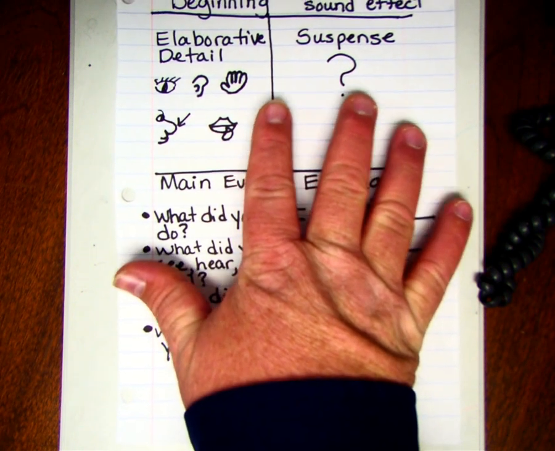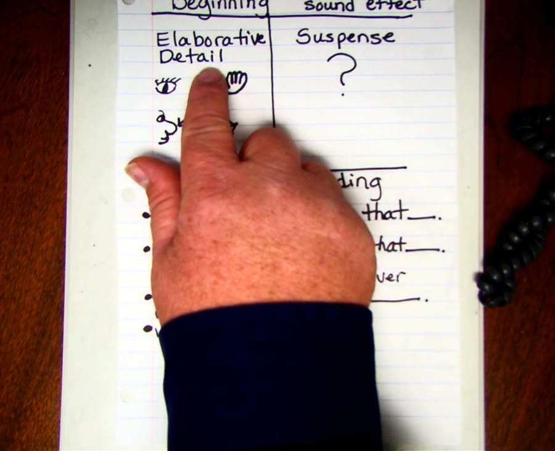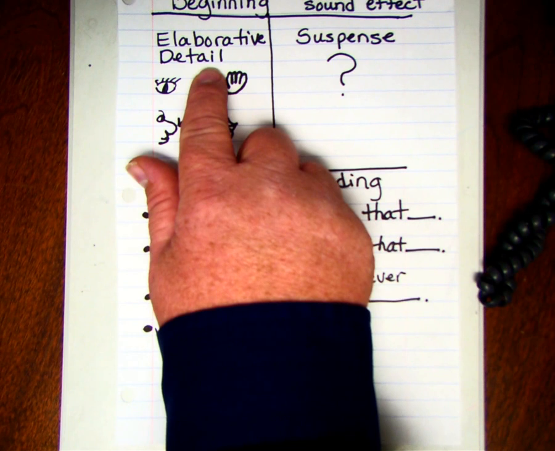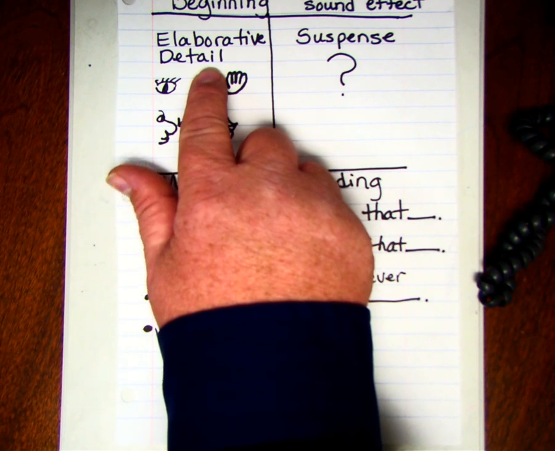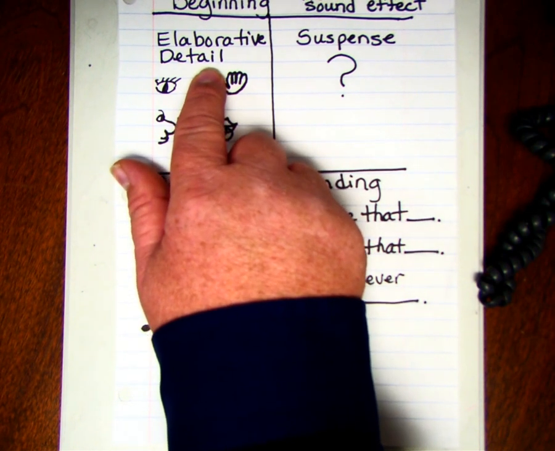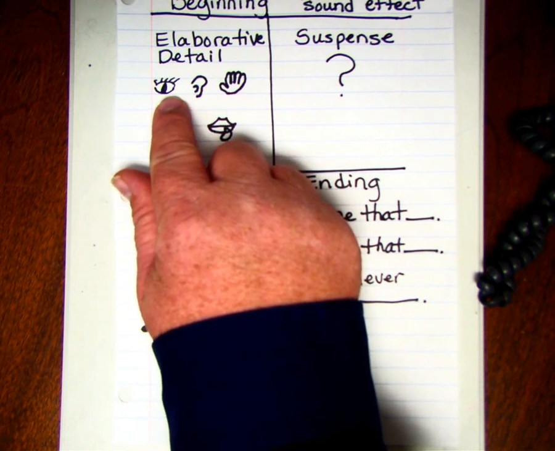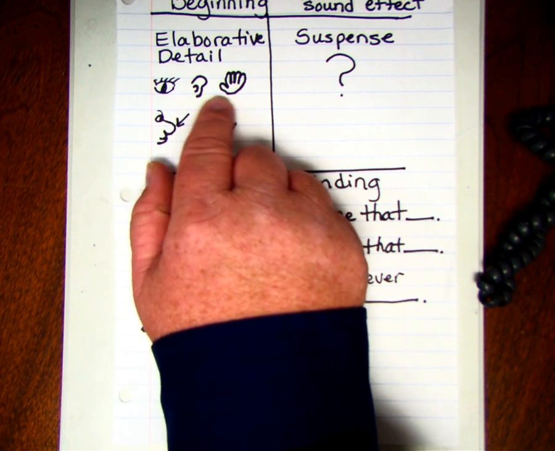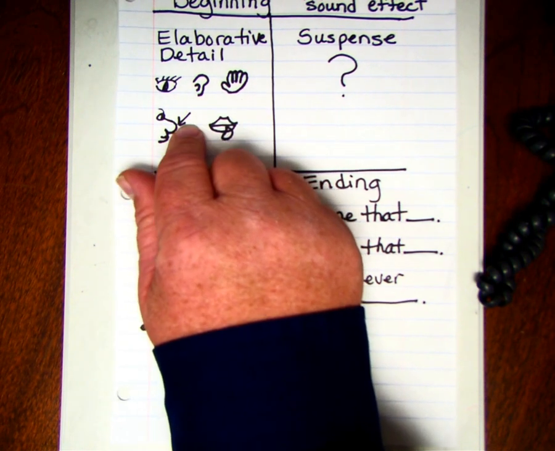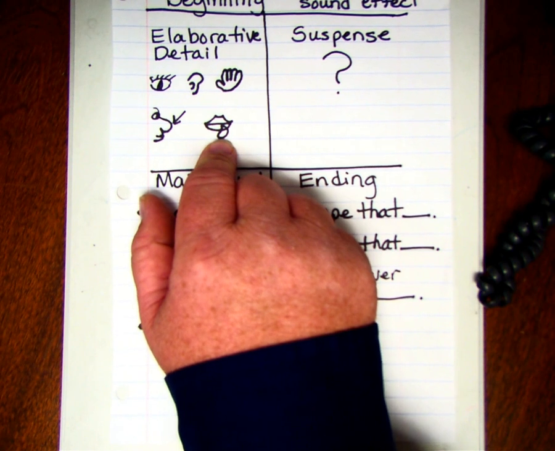The next part of the story will be the elaborative detail that you see tonight. Elaborative detail, I have the students pick a setting and use their 5 senses to describe it. What they see, what they hear, what they feel, what they smell, and what they taste.